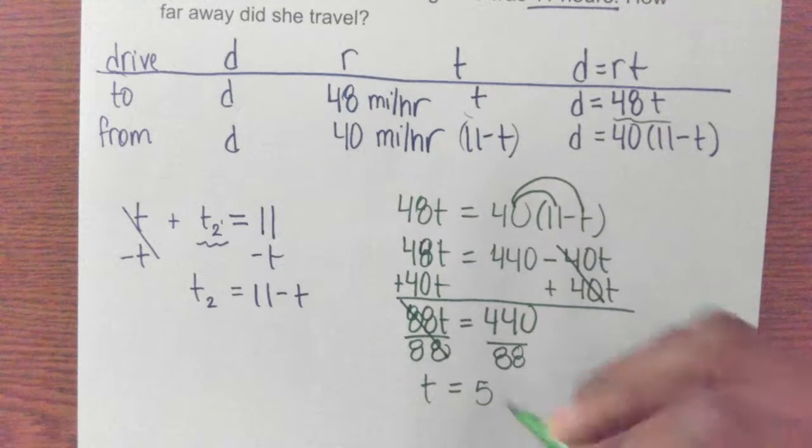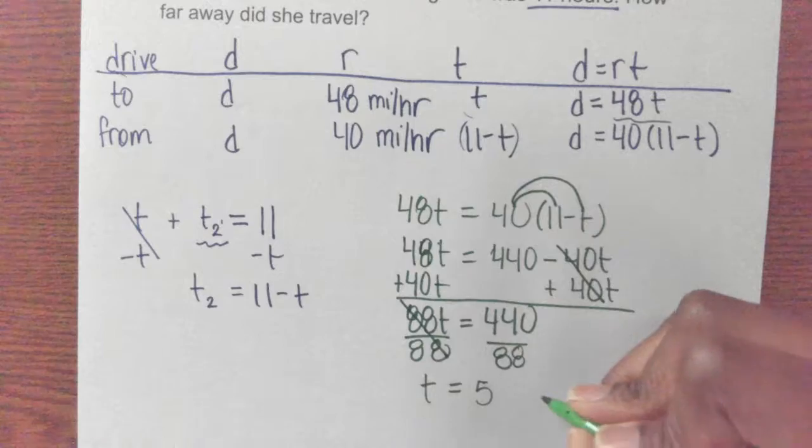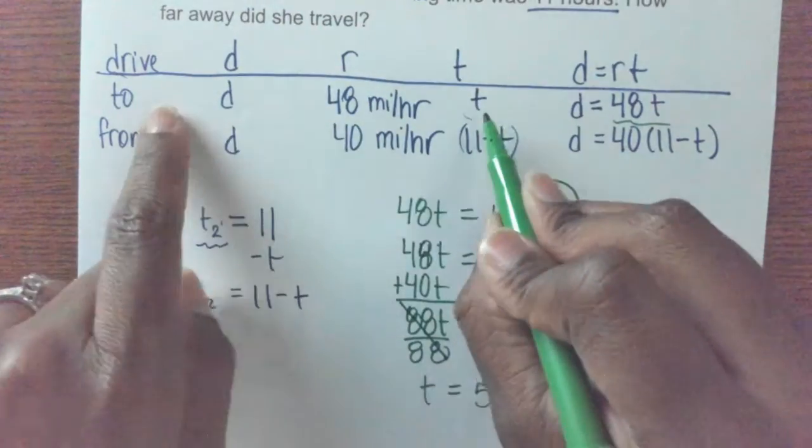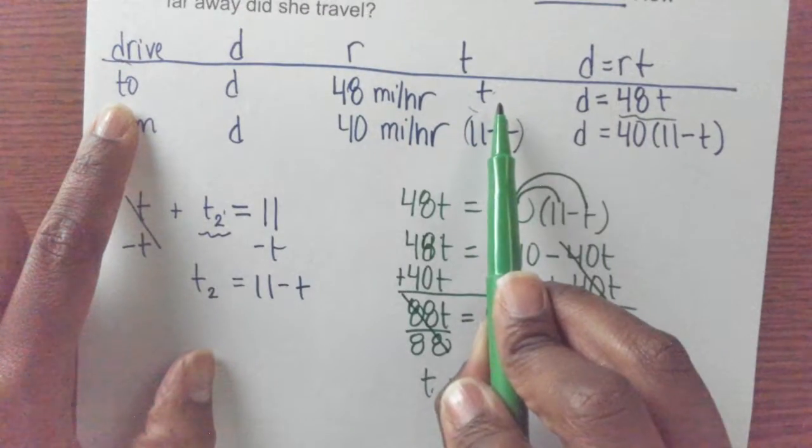So t equals 5. Well, that's telling us that it took her 5 hours to drive to the mountains, because remember, t represents her time going to the mountains.